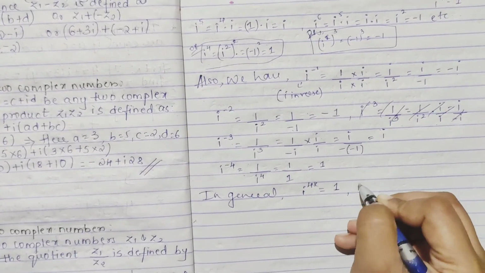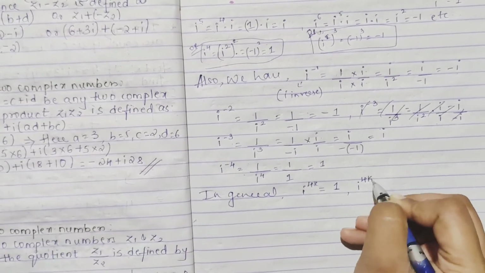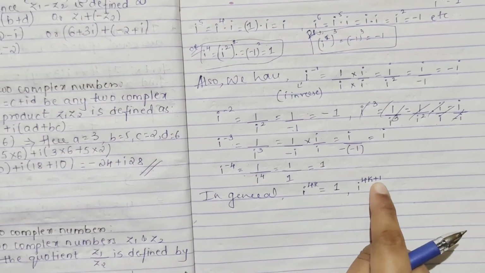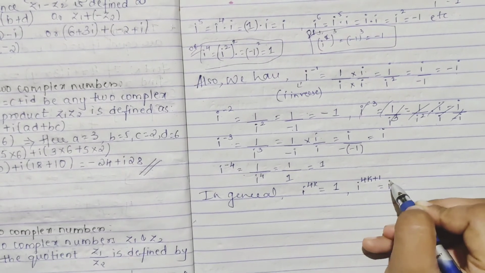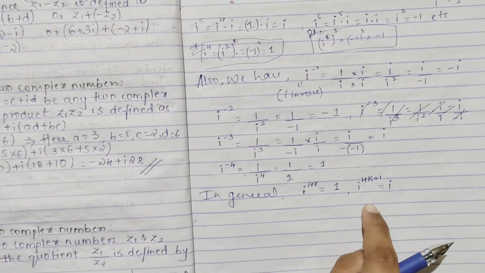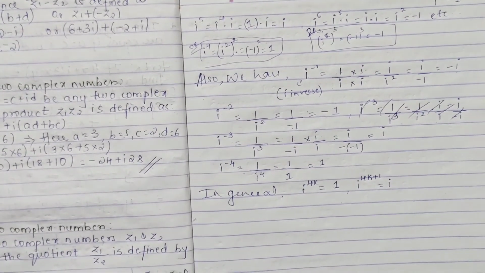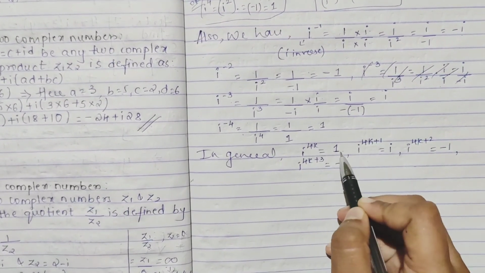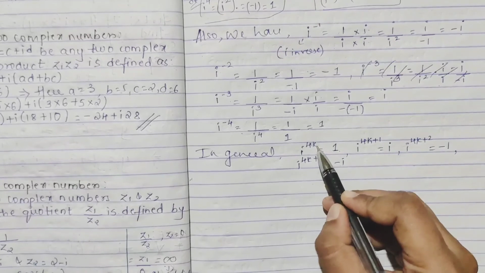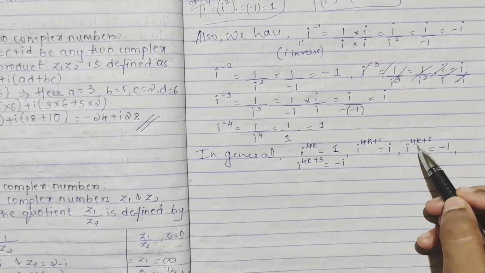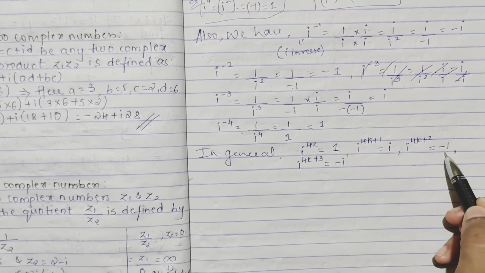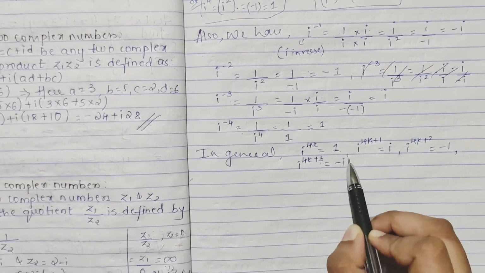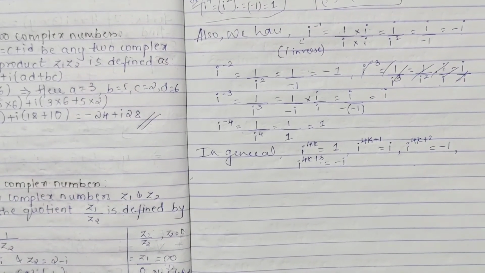If you take odd numbers, 4k plus 1, that is 5, i raised to 5 is i. So in general i raised to 4k is equal to 1. When 4k is increased by 1, it becomes i. When 4k is increased by 2, it is minus 1. When 4k is increased by 3, it is minus i.